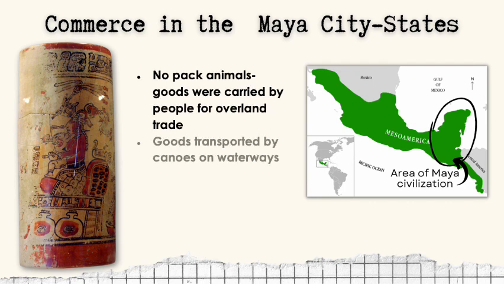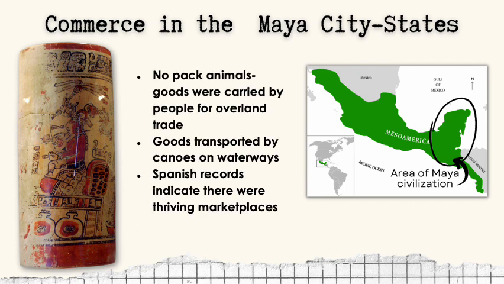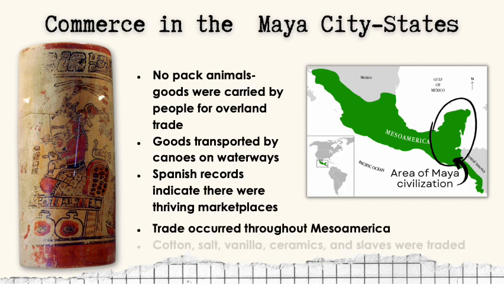So let's examine how commerce in the Maya city-states occurred. So compared to the scope of other states we have studied so far, trade networks were smaller in the Maya region. Trade did extend beyond Maya city-states and stretched throughout Mesoamerica.